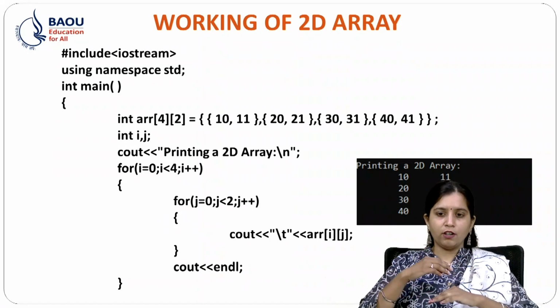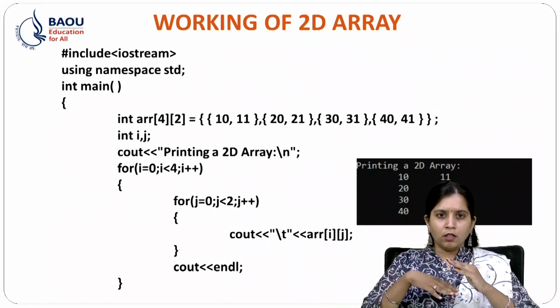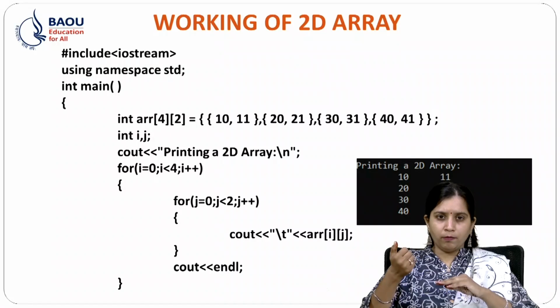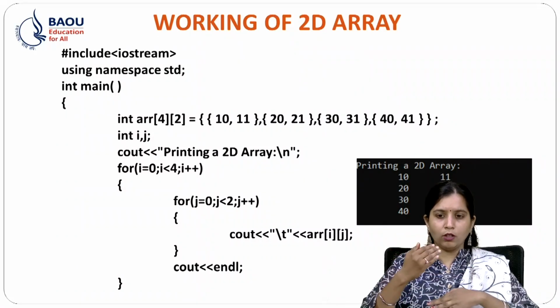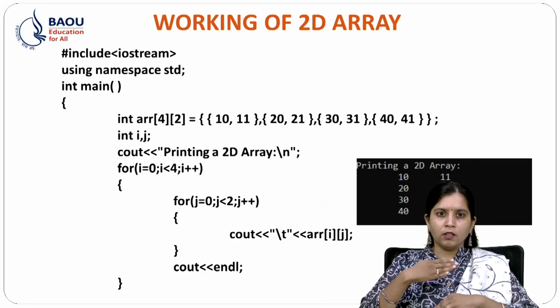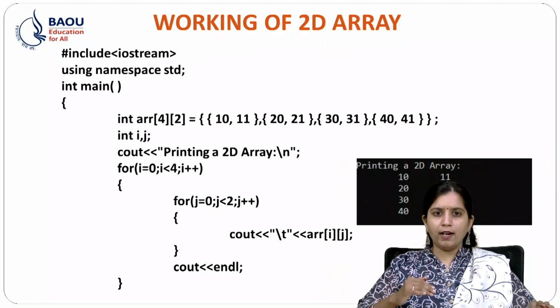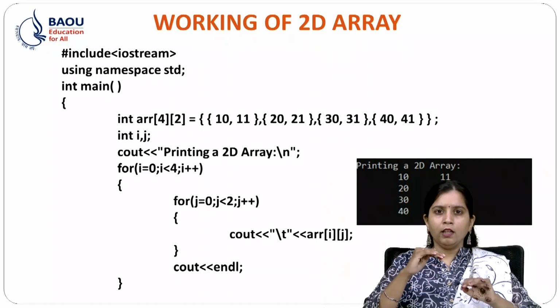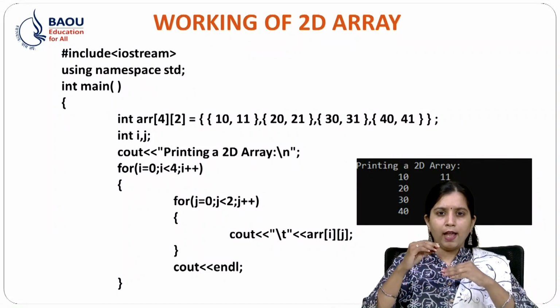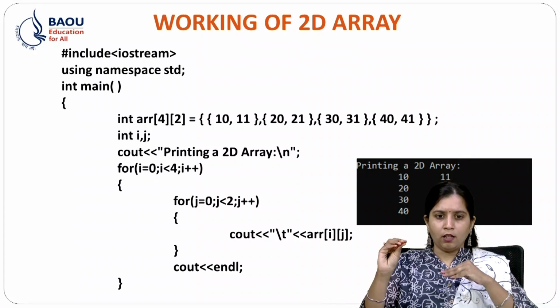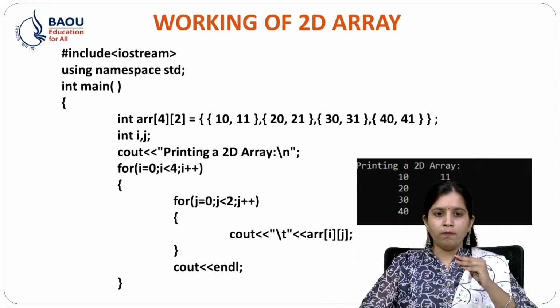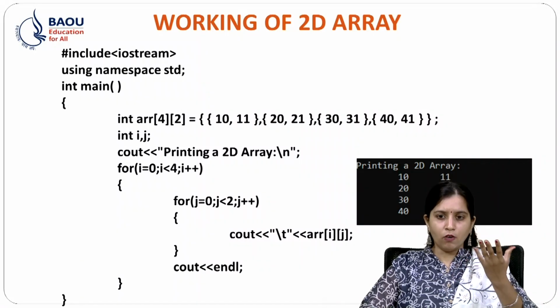For each iteration of the outer loop, i increases by plus one and takes us to the next 1D array. Also the inner loop runs over the whole 1D array at a time. Accordingly we print the individual element of the array, i and j. I hope now you get the idea how a two-dimensional array works.